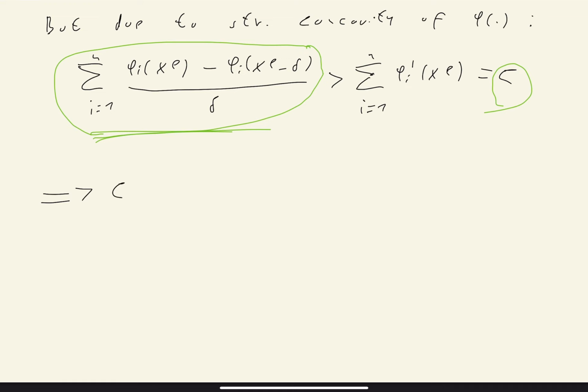Therefore, we have a contradiction for both situations, whether xe is strictly larger than x tilde or x tilde is strictly larger than xe.